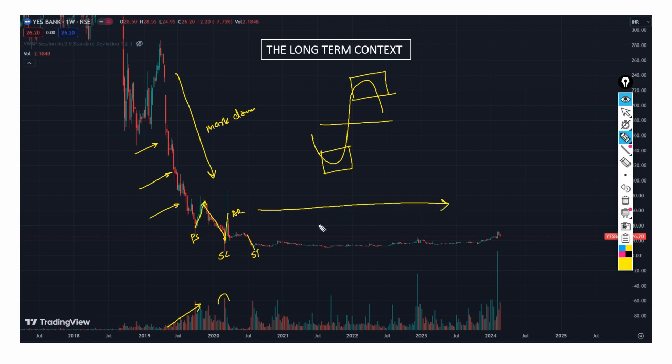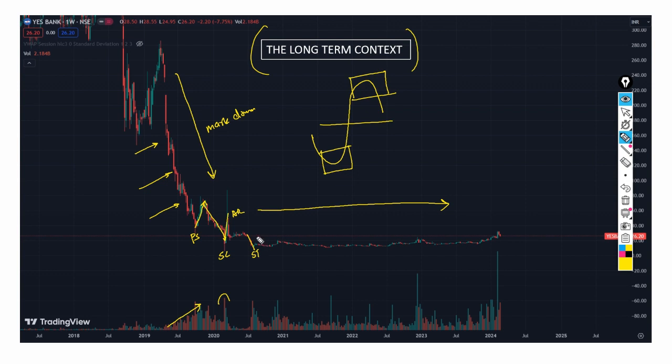I'm not going to go into detail, we are going to see this in the next slides, but the main intention here is to show you the long-term context of this share, S Bank. We see how after such a huge sharp fall, there is a strong consolidation, and the stock is resisting further fall.